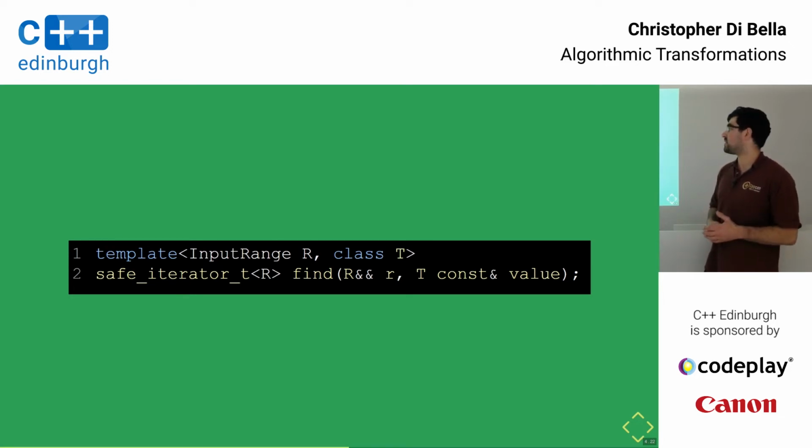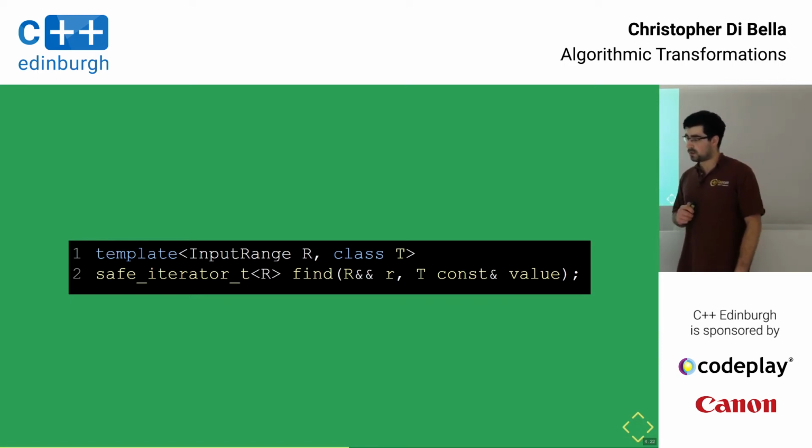Now the safe iterator simply means that if the type of R is an R value reference, then the type that's returned is not very usable. But if it's an L value reference, then we are able to interact with the iterator. So that's really just some protection against you passing in something that's going to expire at the end of the function call.